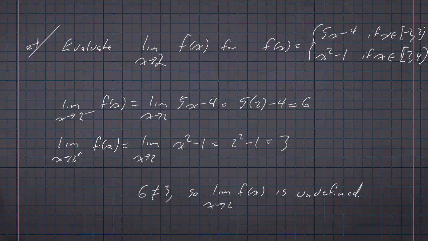And because 6 and 3 are not equal, the limit on the left and limit on right do not agree with each other, we say that the limit as x goes to 2 of this function f of x is not defined.